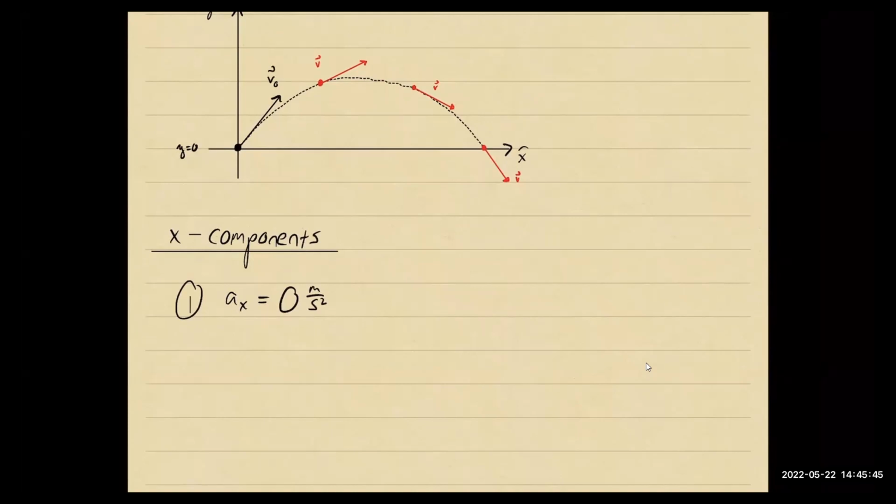This means that our object, for as long as it's in the air, will be traveling forwards in the x direction at a constant velocity, and that's going to be equal to the x component of our initial velocity vector. Because if there's no acceleration in the x direction, then it can't be going faster or slower in that direction.